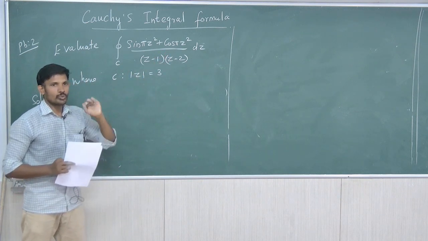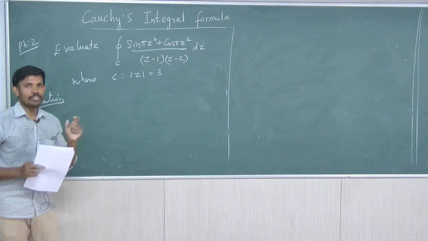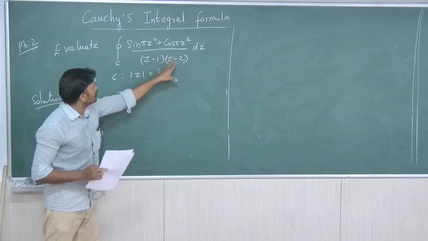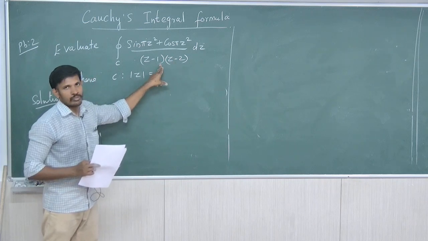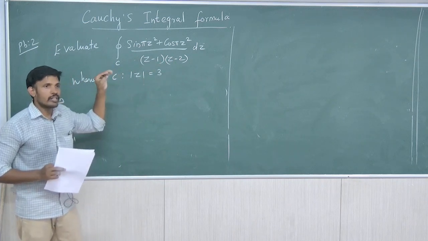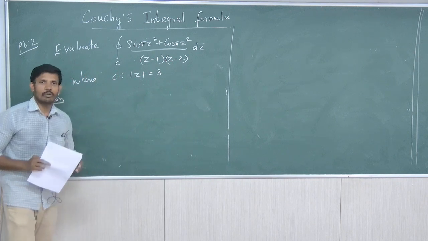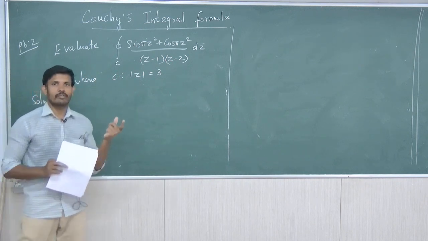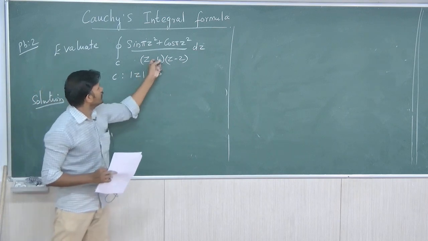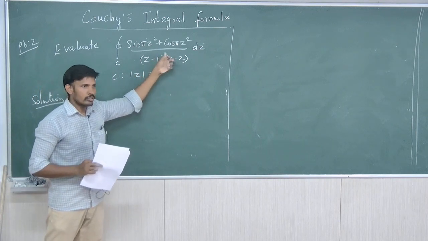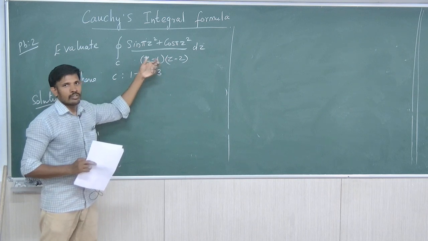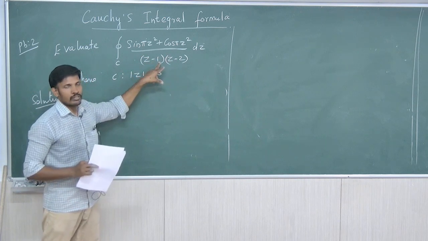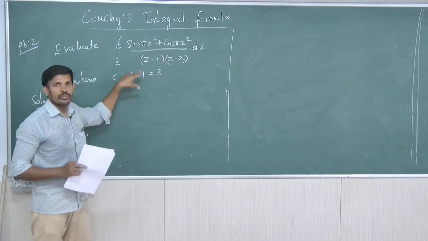You have to use partial fractions, because this problem contains a product of two factors. In the statement of Cauchy's integral formula, we have seen only one factor in the denominator, but here it contains two factors. Both points lie inside the closed circle.